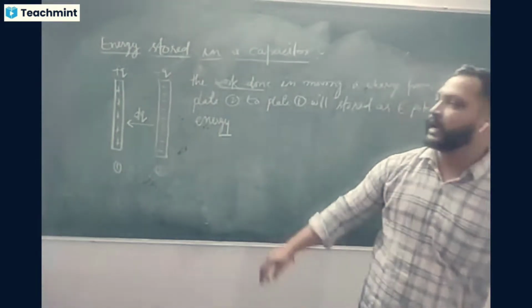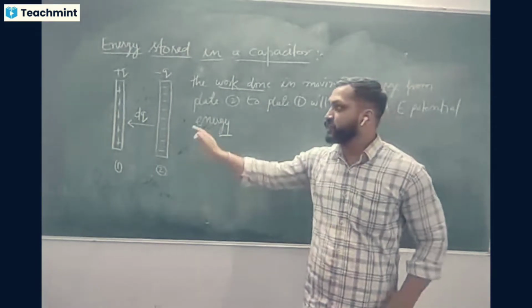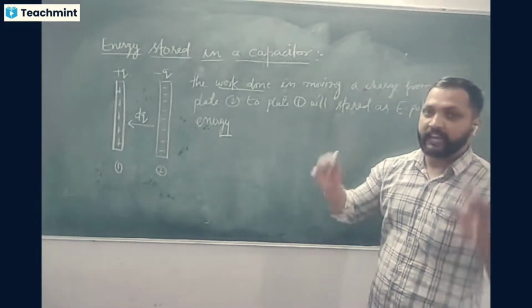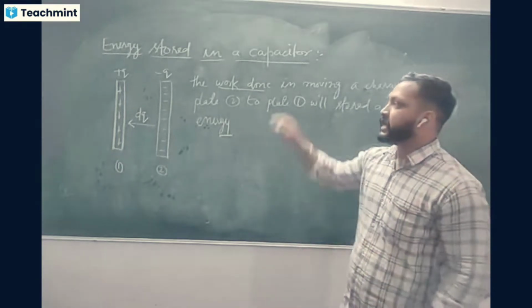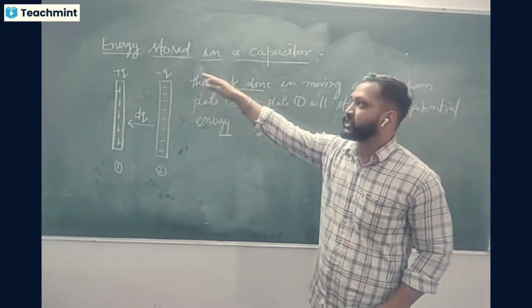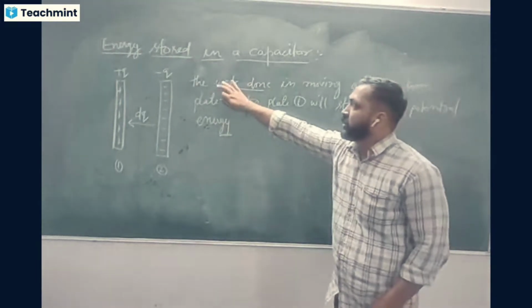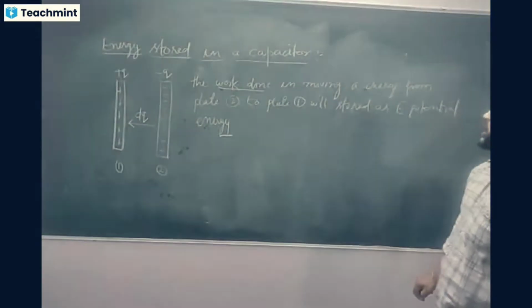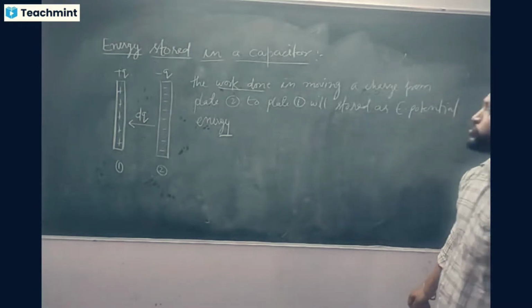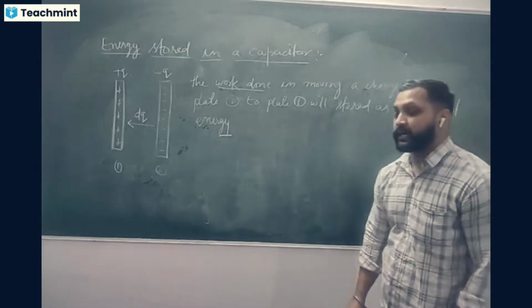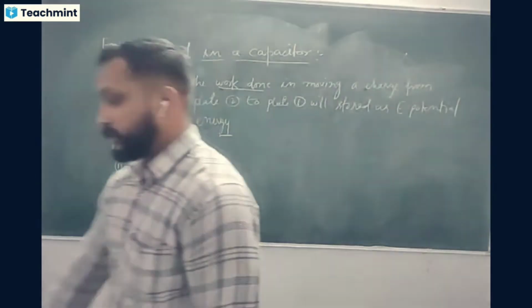So you need to know that whenever we transfer some charge from plate 2 to plate 1, we need to do some work, and that work done will be stored as electrostatic potential energy, or generally the energy that is stored in a capacitor.